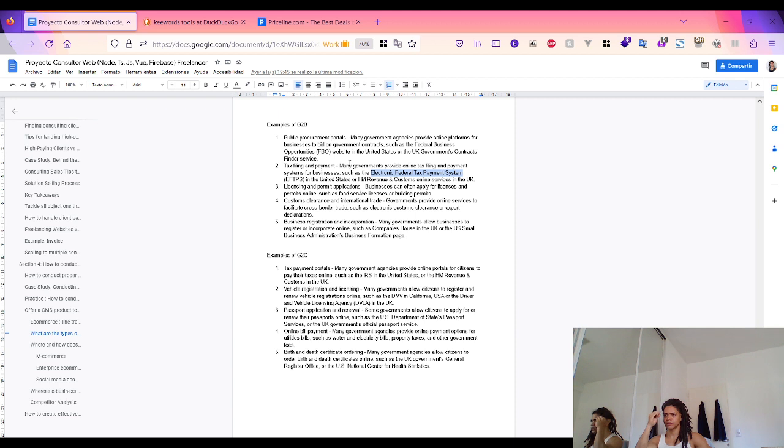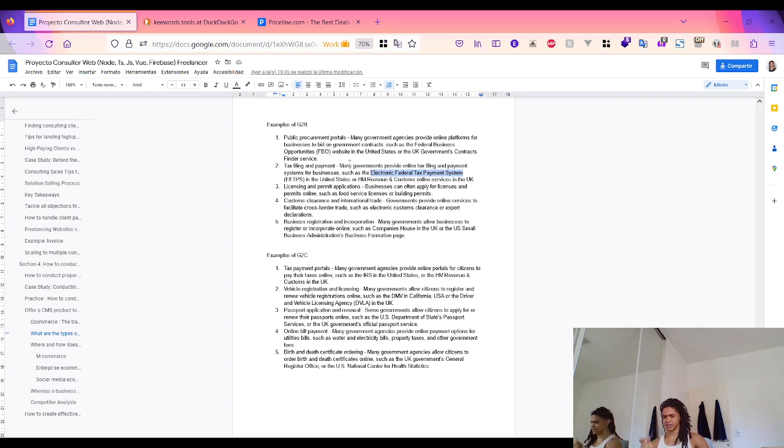So, examples of government to business. Examples of government to business are public procurement portals.